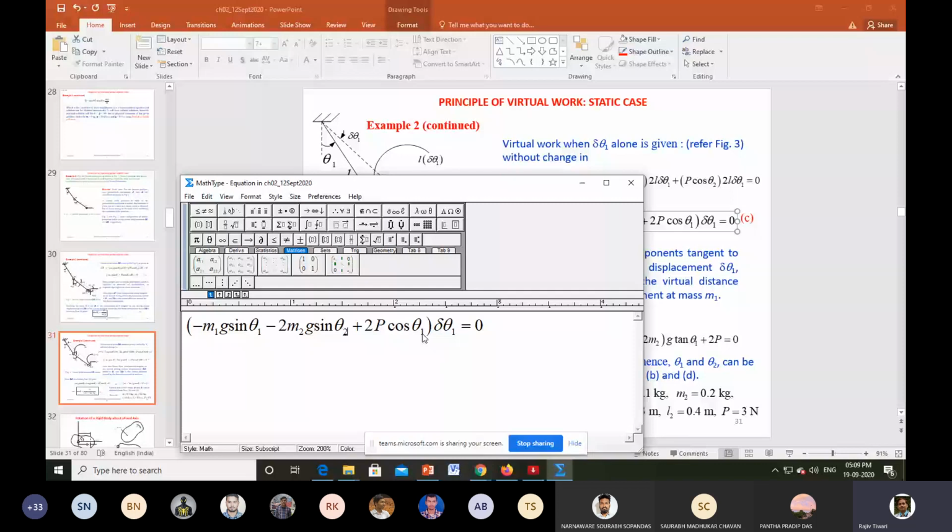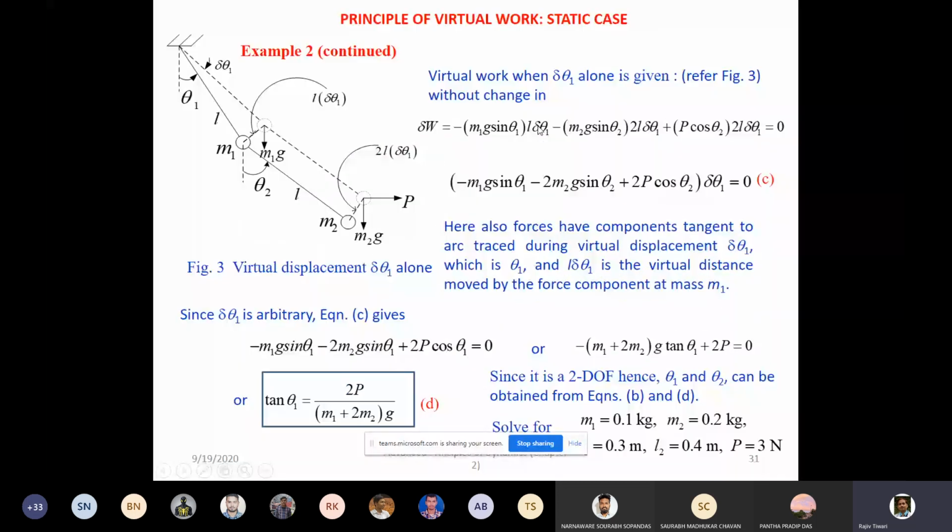So here this is the gravity force component of the first mass in the tangential direction, and this is the virtual displacement. Similarly, this is the second gravity force component in the tangential direction, with this virtual displacement, and this is P cos theta 2, the component of that in the tangential direction, which gives a positive virtual displacement.